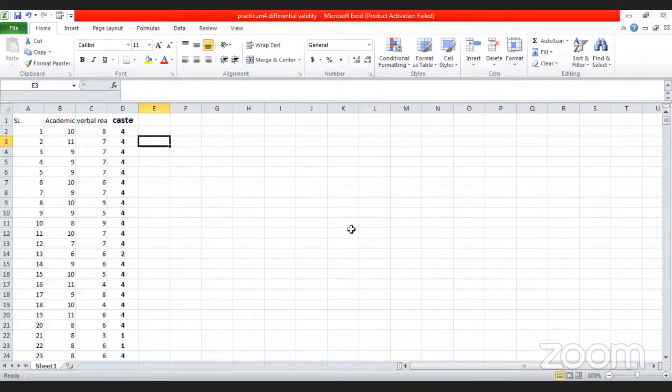It is the difference between the validity coefficient across subgroups. It's the difference between the correlation coefficient or the validity coefficient between the two variables across different subgroups of the population. Yes, yes. Okay.